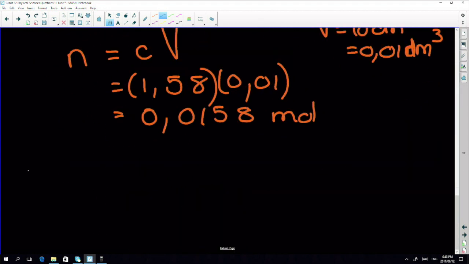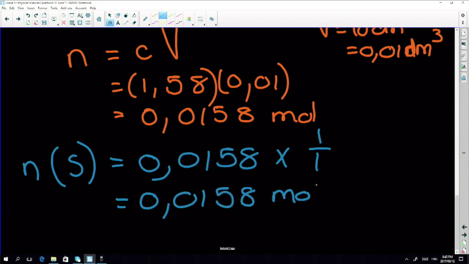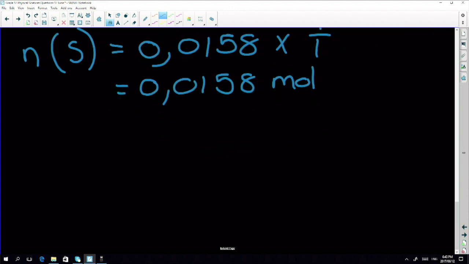So now watch what I'm going to do. The number of moles of sulfur is going to be 0.0158 times 1/1. That's the mole ratio. I have to put that in there. But that's not what they wanted. They wanted mass.